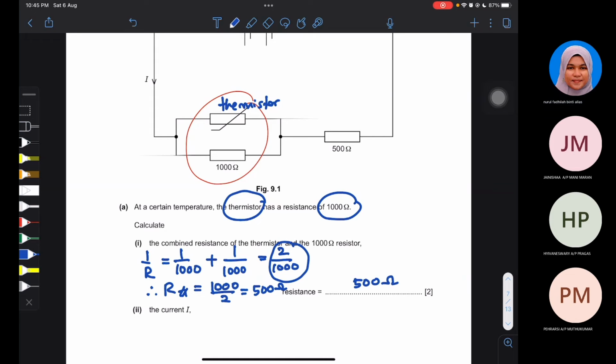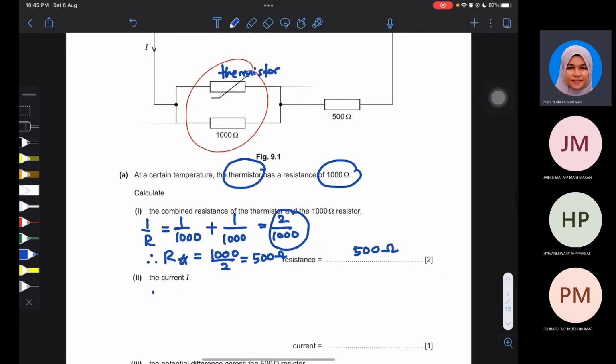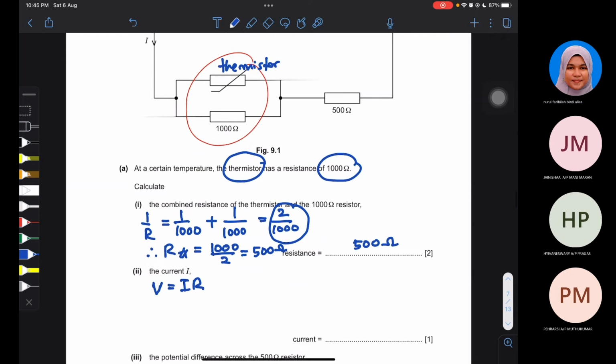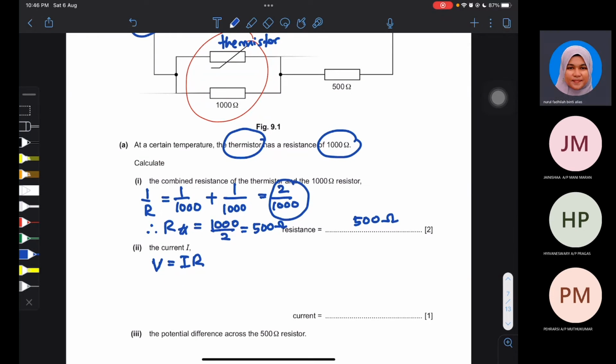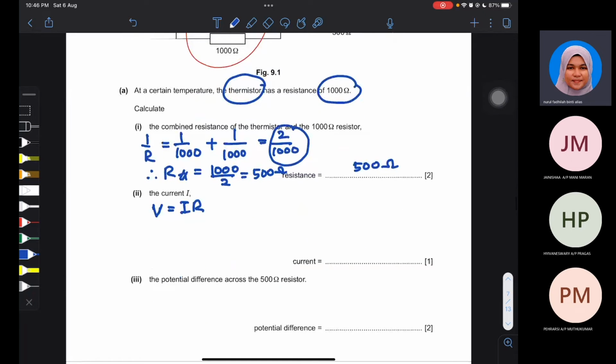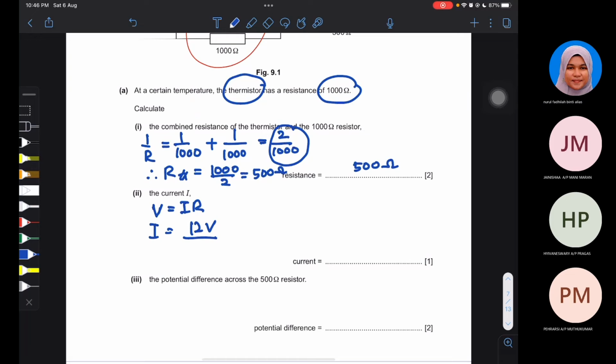Current I. V equals to IR. Okay, dia nak yang ni. So voltage, kita nak I, voltage 12. Resistance kita berapa?